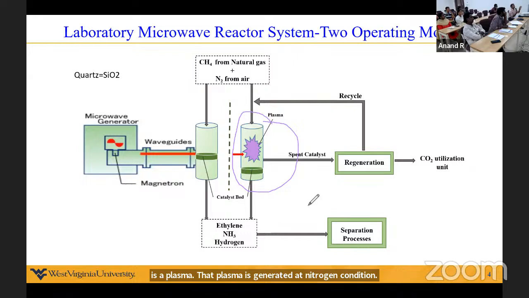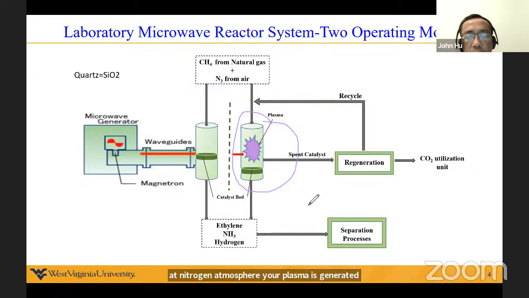At some pressure, in a nitrogen atmosphere, your plasma is generated. So my question is, can you generate a nitrogen plasma without catalyst in the cross tube using microwave? Do you see pink color nitrogen plasma in your microwave reactor?